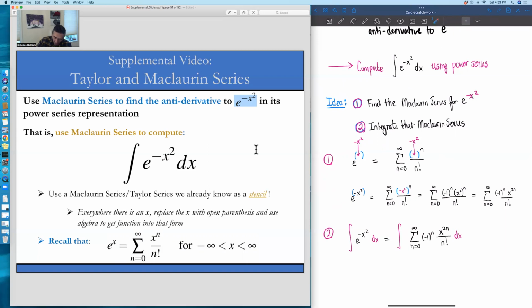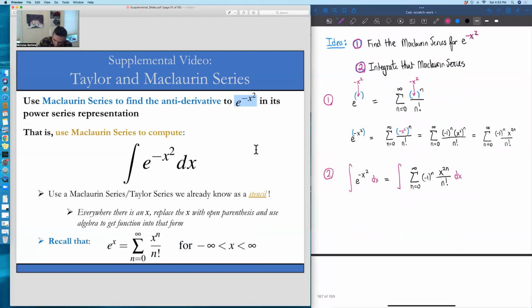Now this left-hand side, this is basically what we're trying to figure out. Again, there's no known antiderivative for e to the minus x squared in terms of elementary functions that we know, sines, cosines, exponentials, logarithms, polynomials, things like that. So the only way we're actually going to be finding an antiderivative representation is using power series.